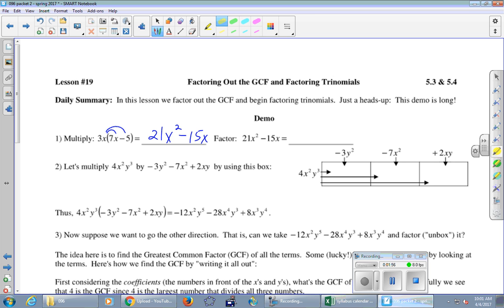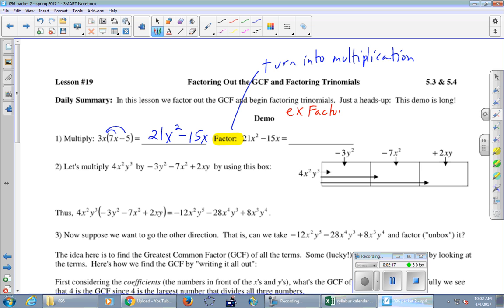Okay, and then we see this brand new word for the first time this semester, factor. Factor means turn into multiplication. So for example, I said factor 35.